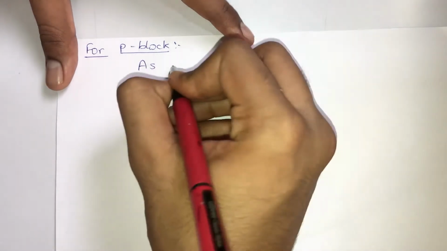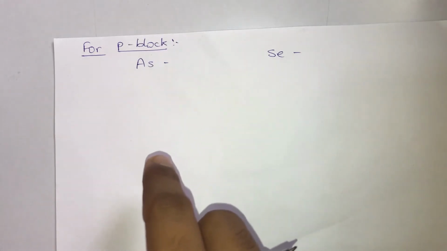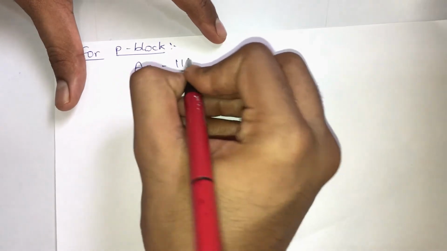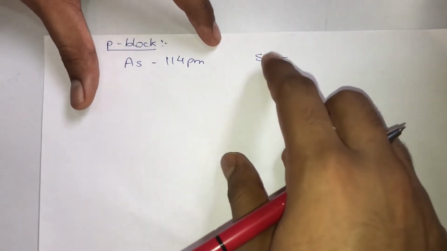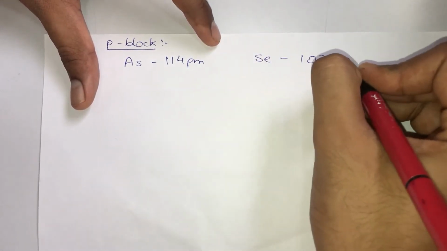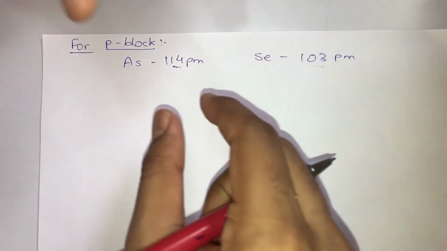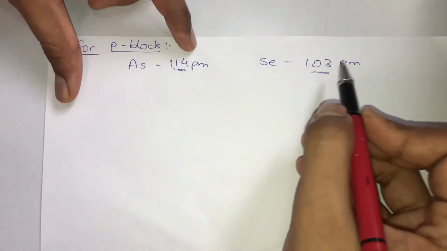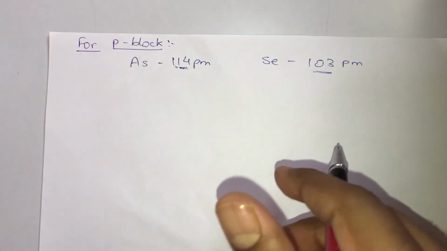Now the atomic radius of arsenic turns out to be 114 picometer, whereas the atomic radius of selenium is 103 picometer. Even this is a drastic change, because the size is already very small and it is getting shrunk by 11 picometer. Now why is this size shrinking? Let's understand that.